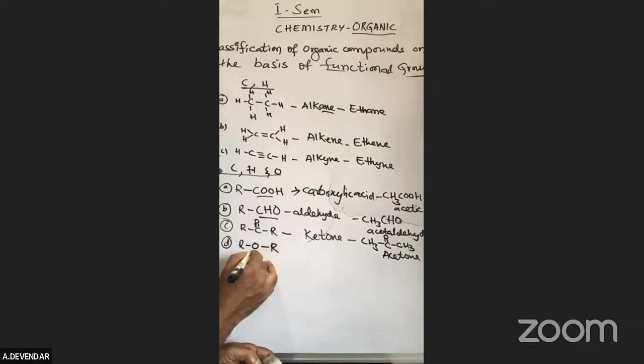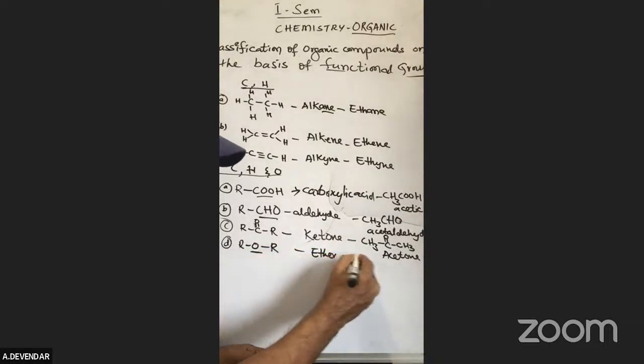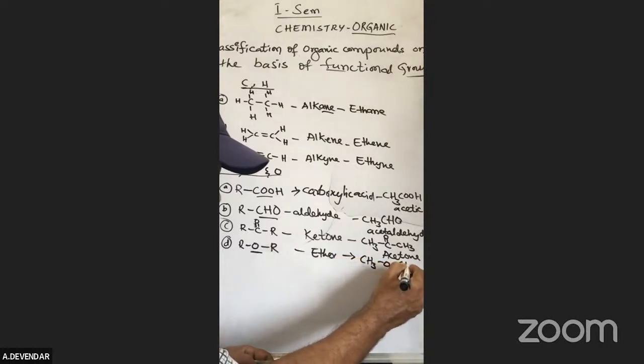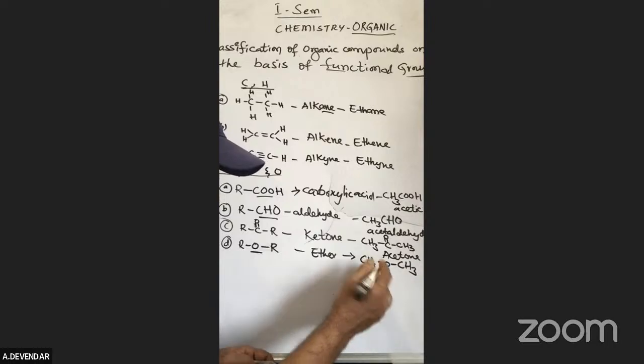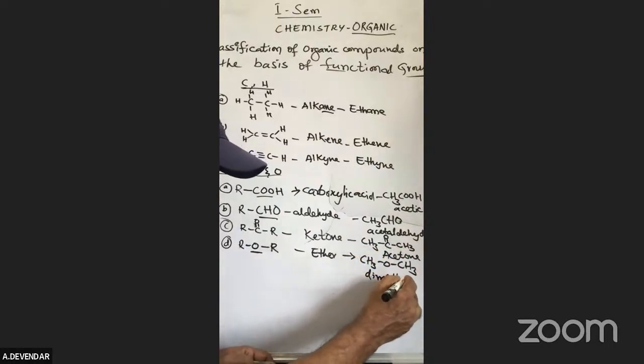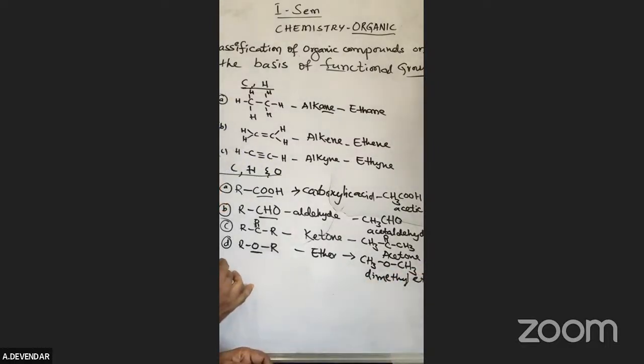This is called ether. Simple. You can take the example of dimethyl ether. One more is there. In this, I'm using only carbon, hydrogen, and oxygen, and there are no other elements.